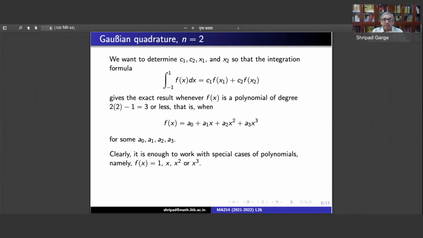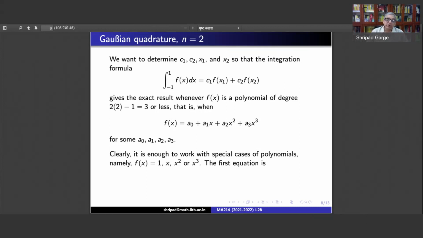We will simply put the values of these 4 polynomials in the equation, integration -1 to 1 f(x) dx is c1 f(x1) plus c2 f(x2), and we will get 4 equations, 4 unknowns. So we hope to have a solution to them.